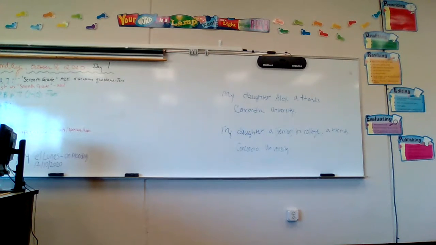But it's part of the appositive phrase. So this identifies daughter. Alex identifies daughter. That's an appositive. It's coming right after the noun it identifies. If I said my daughter, a senior in college, Alex is the appositive. Daughter is the noun it's identifying. Okay?